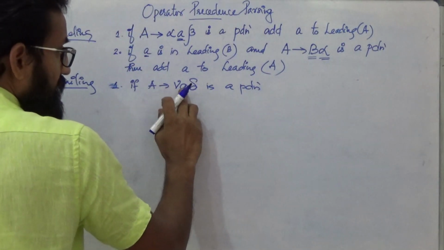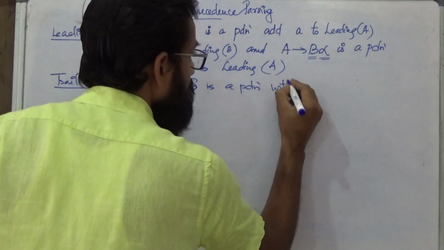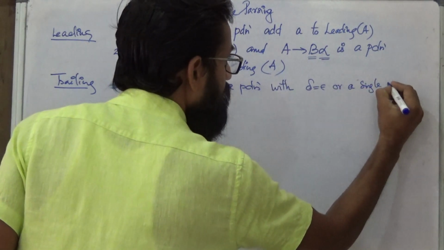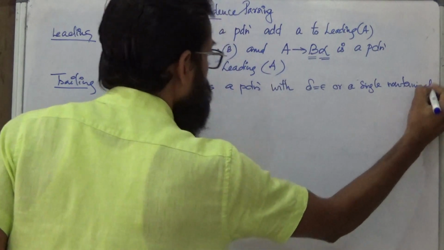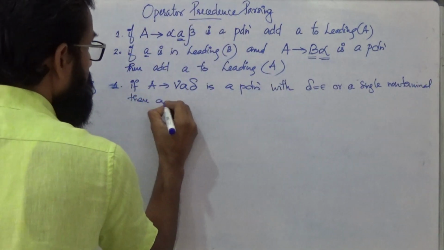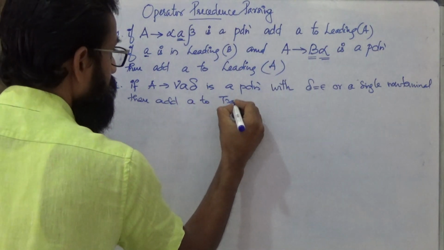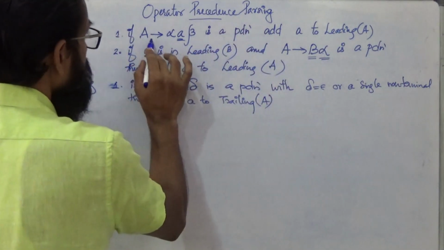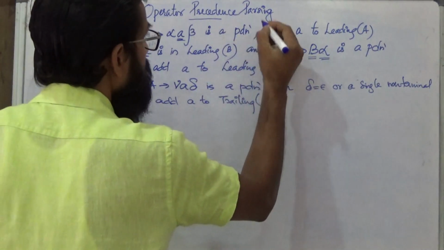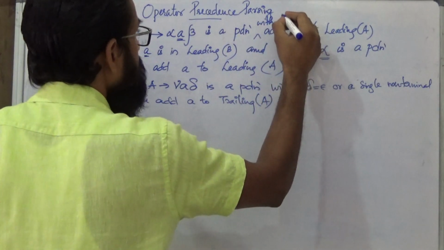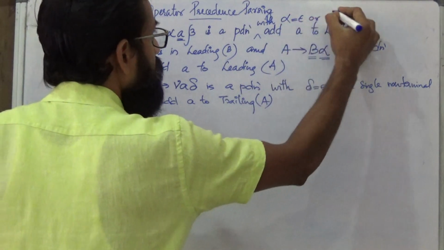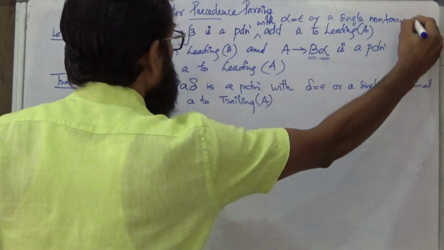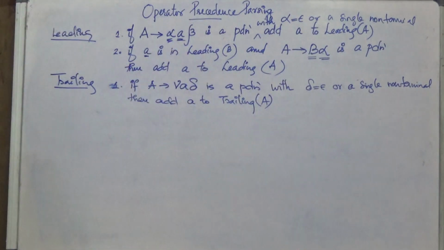If A gives gamma a delta is a production with delta equal to epsilon or a single non-terminal, then add a to trailing of A. Here also, A giving alpha a beta is a production with alpha equal to epsilon or a single non-terminal, so this will be either epsilon or a single non-terminal.